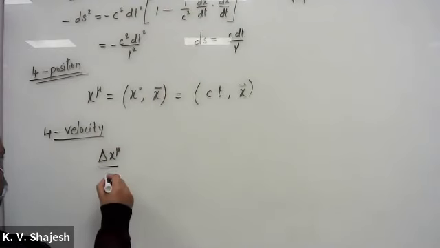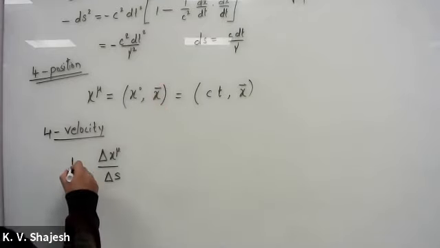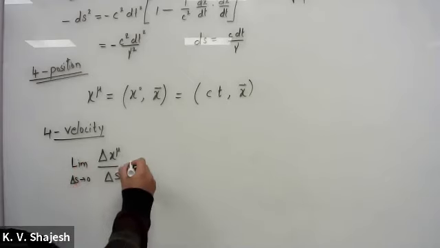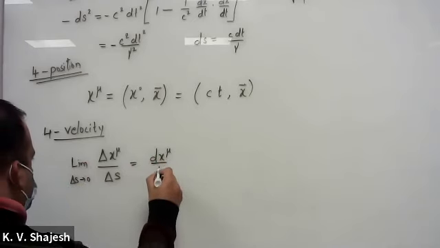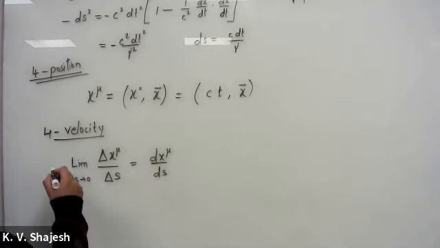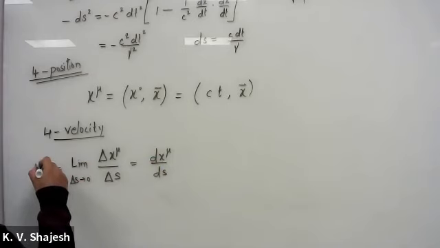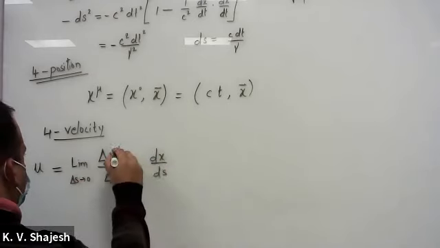So do this ds, because that doesn't change from frame to frame. And delta s tends to 0, which is basically dx mu over ds. Define this to be u mu, or let's say alpha. Alpha doesn't matter.